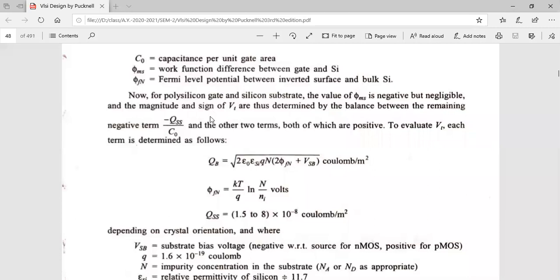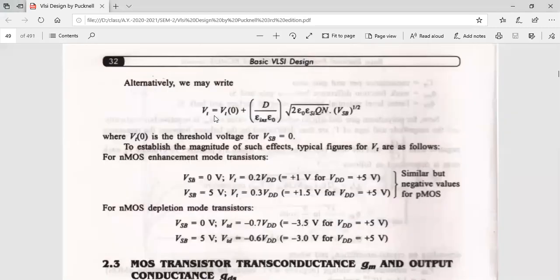So we write like this. We write the threshold voltage as the threshold voltage at VSB, the threshold voltage for VSB equal to 0 between the source and the body.